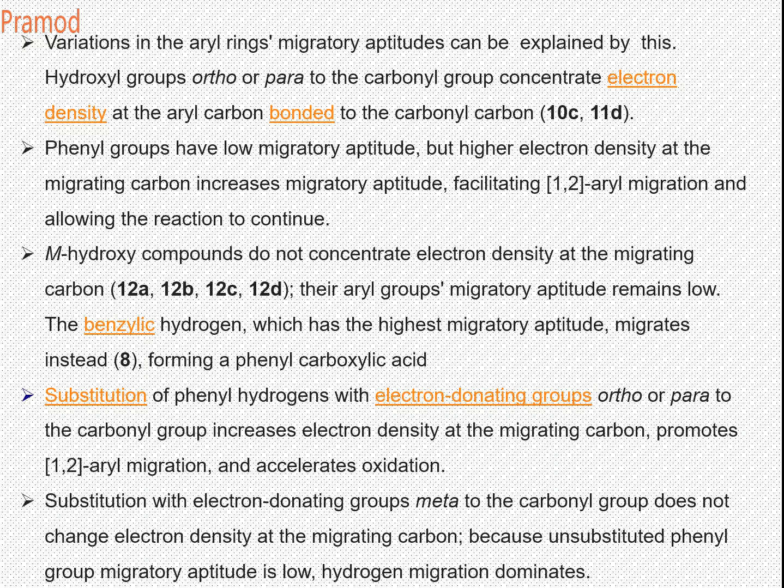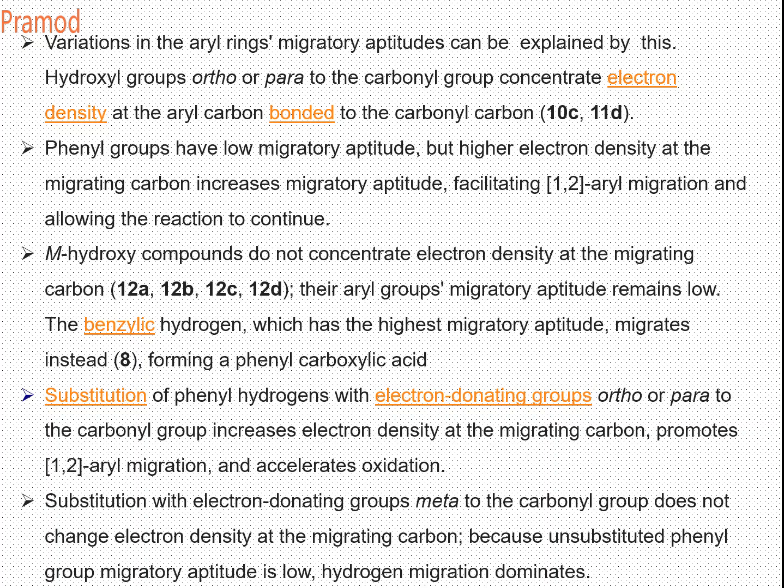Phenyl groups have low migratory aptitude, but high electron density at the migrating carbon increases the migratory aptitude. So anything that increases the electron density in the phenyl ring favors migration.